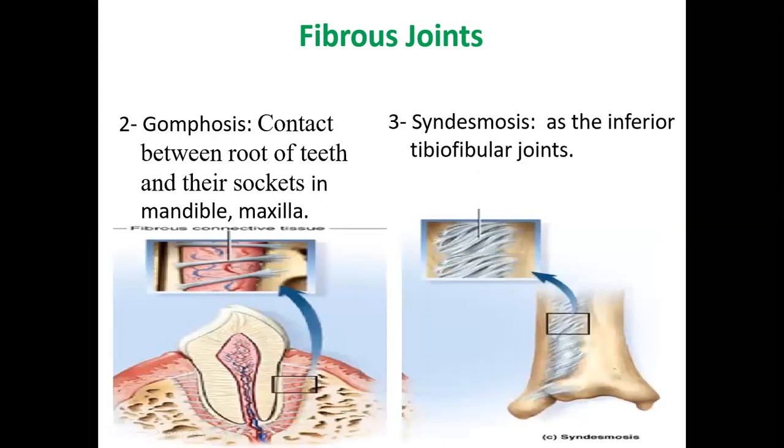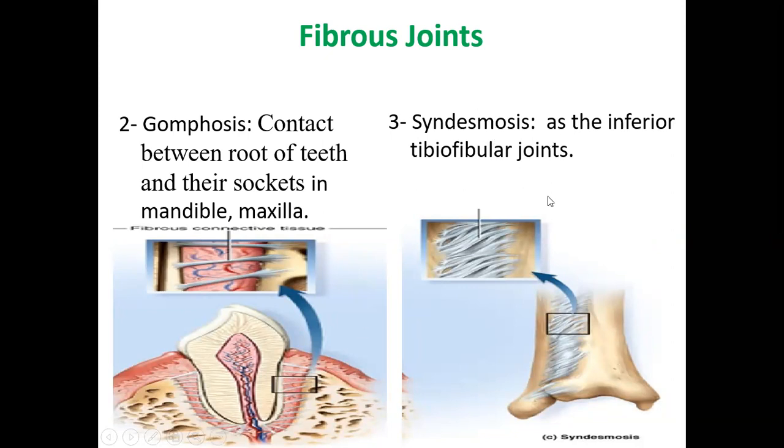Gomphosis is the contact between the root of the teeth and the sockets in the mandible and maxilla. If you see here, this joint between the teeth and the socket within the mandible or the maxilla is called the gomphosis. There is a joint between the teeth and its socket, the space within the bone, which are fixed. So this is called the gomphosis joint.